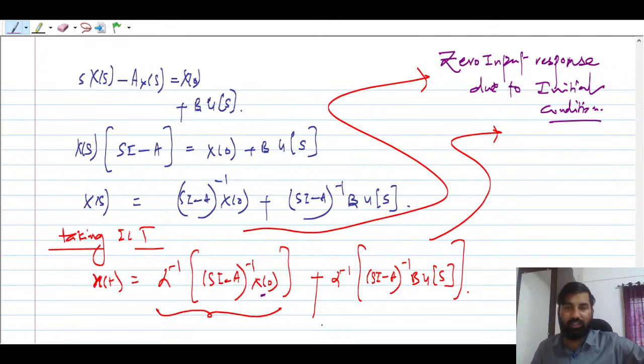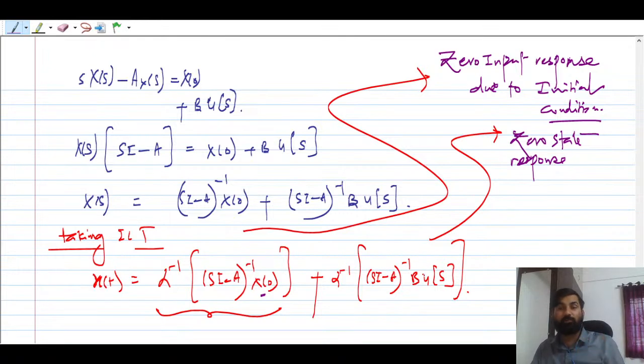And this one, what will we call it? This is nothing but the zero state response. Because there is no initial condition, but there is an input. Due to input.